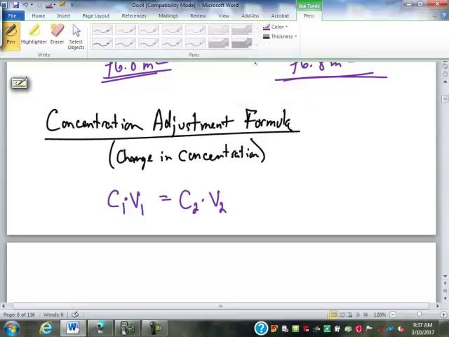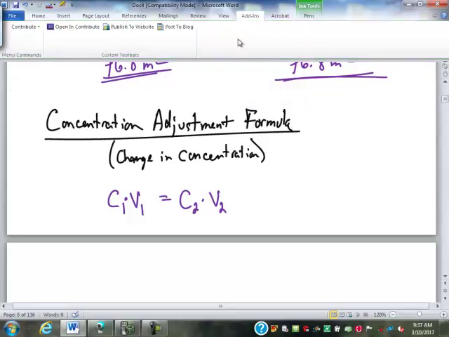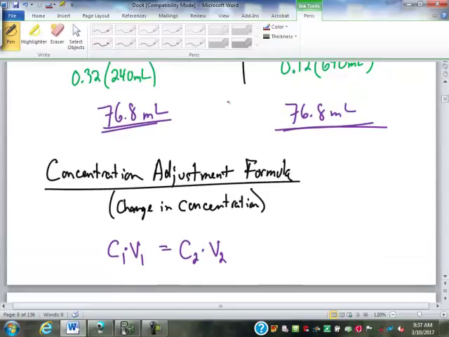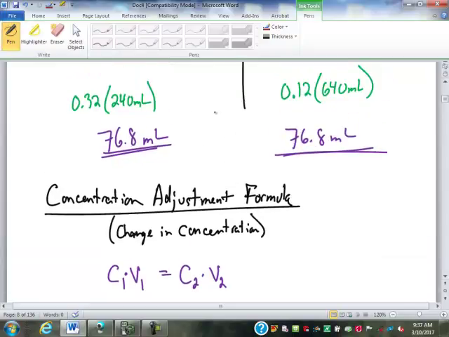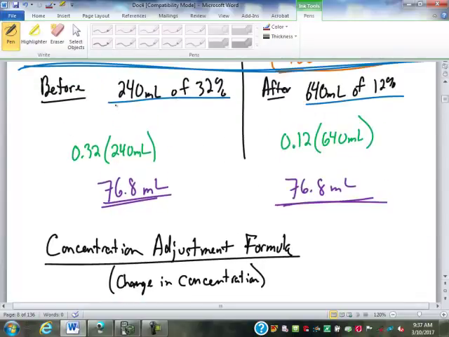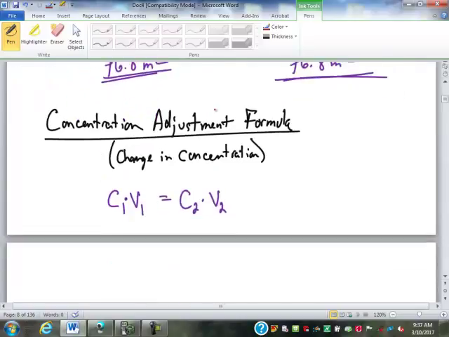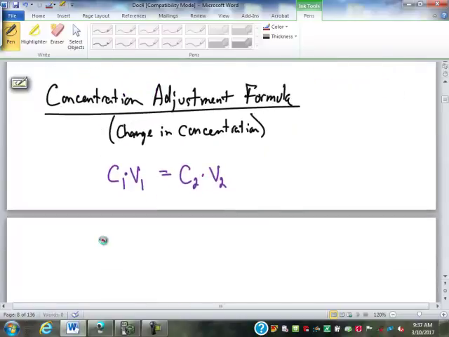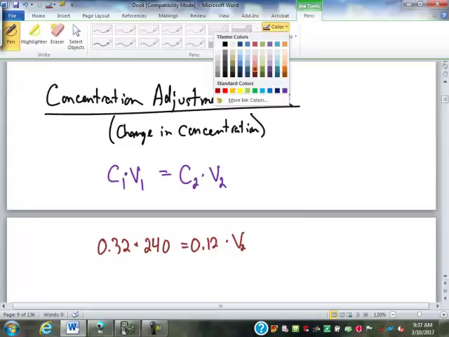So for the problem we just did, rather than going through the dilution and finding the amounts that way, we could have done 0.32 times 240 is our initial concentration times volume, equals 0.12 times V2. V2 is going to be our final volume.